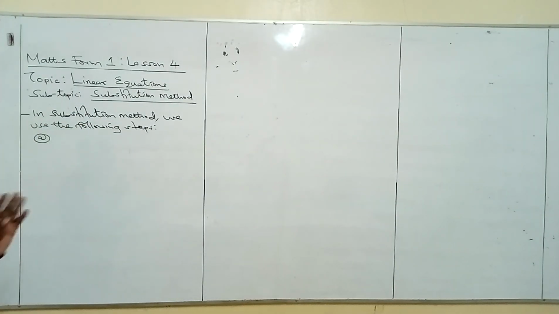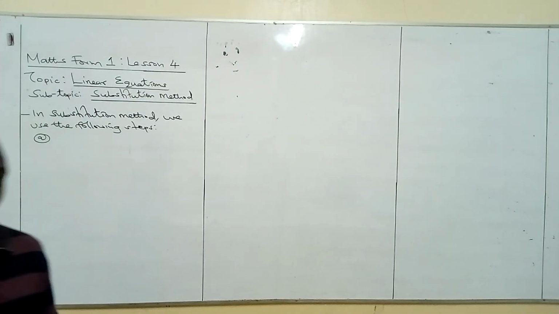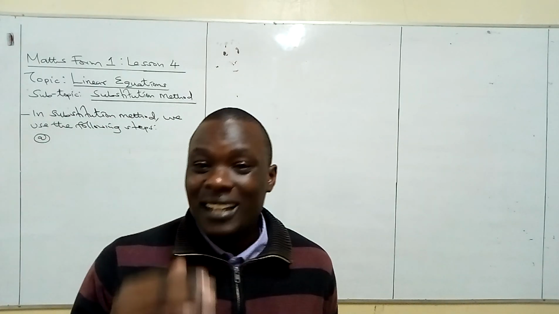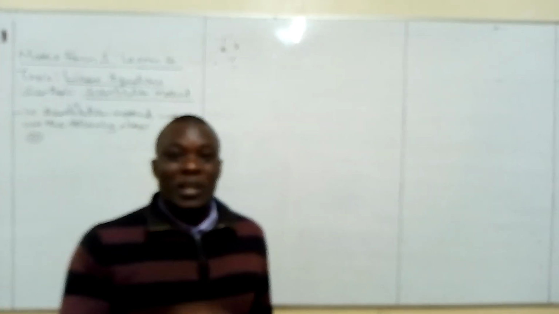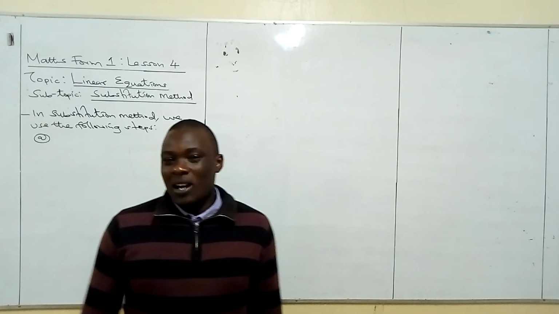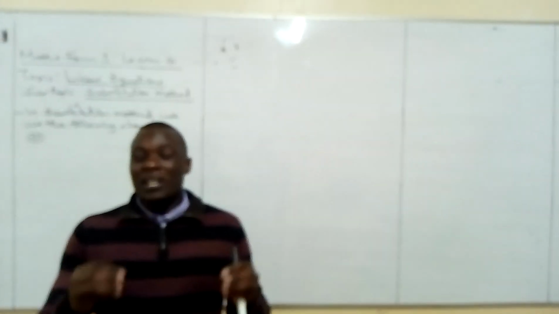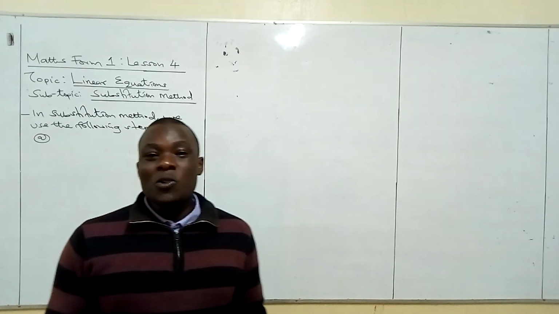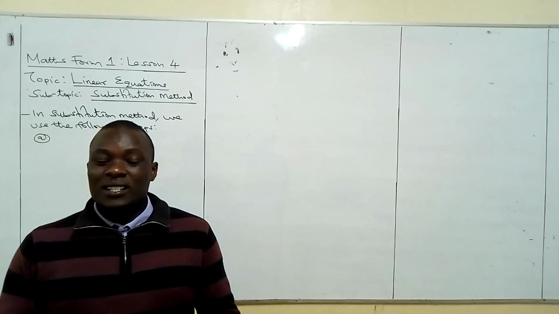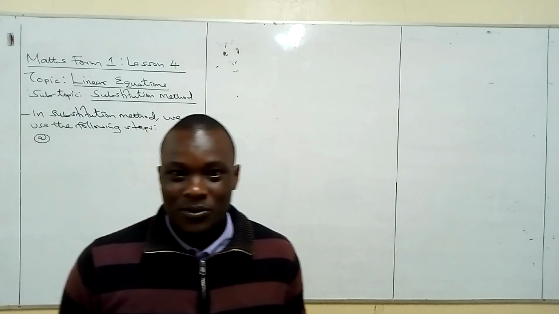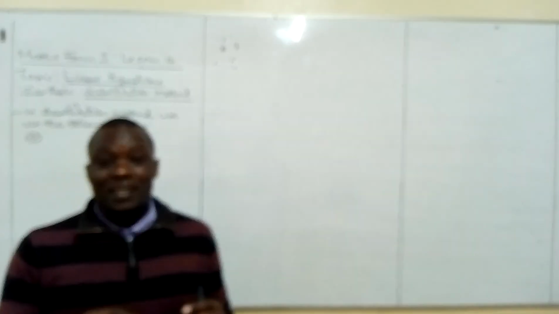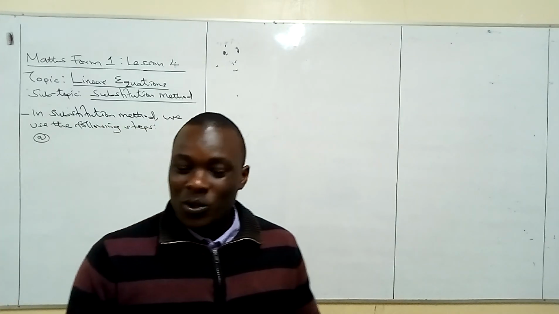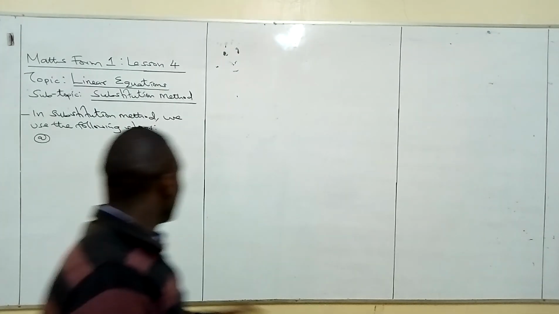We are going to have two linear equations having two unknowns. So we will decide which letter to make the subject. Once we decide, we now make it the subject in one particular equation. Then we go to the other equation, we substitute its value. After we are done with the substitution, we will now deal with one unknown, which we can easily solve.